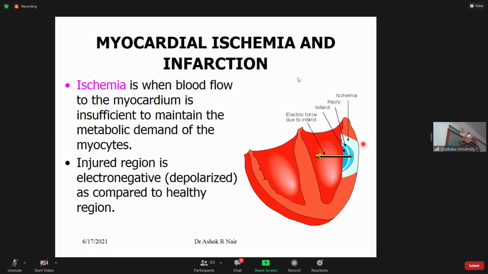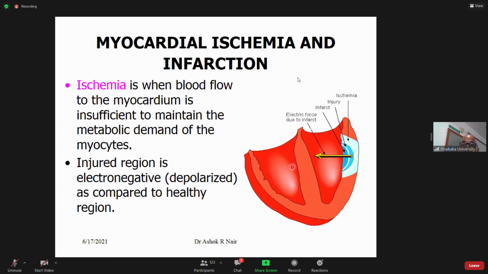In the first class, I told you the electrical vector always points from negative to positive. Suppose this is the ventricles. The whole ventricle is repolarized, but this region of the muscle is injured due to ischemia or infarction. It is depolarized, so it is negative. That means there will be an electrical vector pointing from this negative region to the positive region.